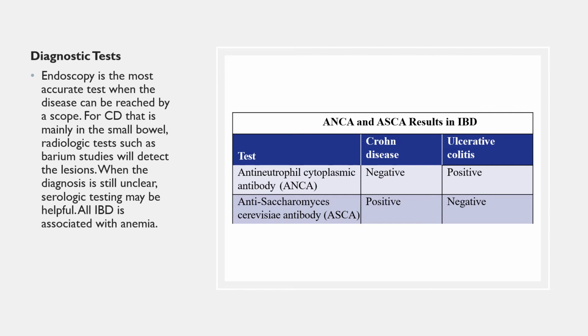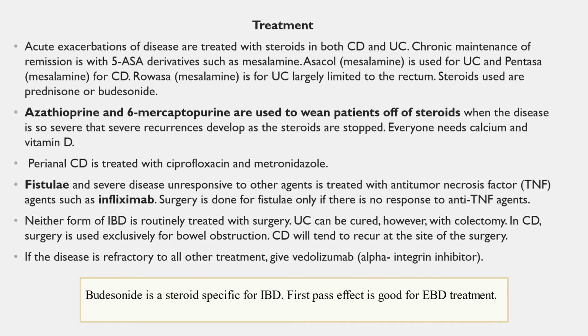Okay, very good. Let's go to the next slide, slide number 10. We're almost done. The treatment of both CD and UC depends on what you have. If you have an acute exacerbation, usually they're treated with steroids.